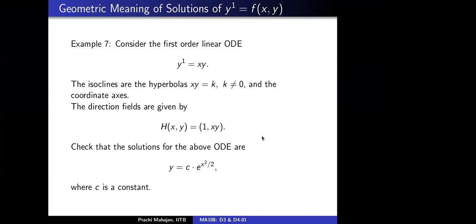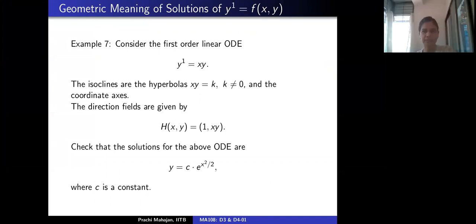Okay. So f(x,y) in this example is the product xy, right? Setting f(x,y) equal to a constant gives us the isoclines, which in this example are the hyperbolas and the coordinate axes, the x-axis and the y-axis.